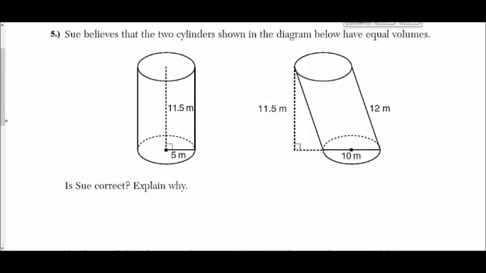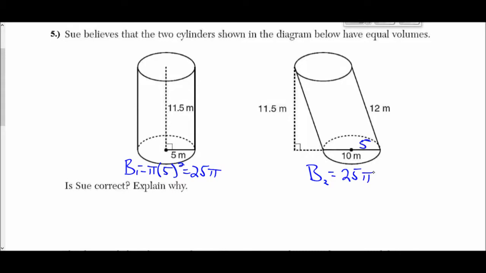Bases are circles, right? So this base here, and you have to show this work, would be a circle, so pi times 5 squared, which is 25 pi. And over here, it's got a radius of 5, right? So it'll be the same thing. So that, we'll call that base 1, base 2, equals 25 pi.